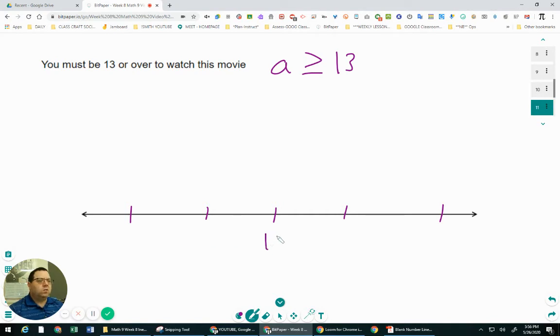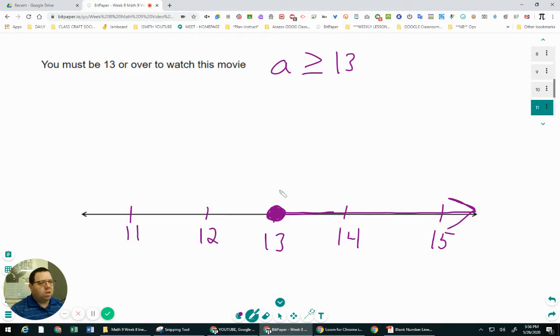Let's say 13 is here. We could talk about 12-year-olds, 11-year-olds, 14 years old, and 15 years old. This time I'm going to start with a circle here, and I'm going to shade it in because 13-year-olds are allowed to go to the movie. And then you're going to draw an arrow going to the right because all the older kids and adults are allowed to go to this movie.